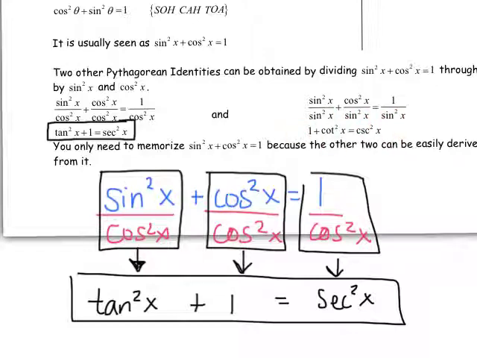All right, so let's go on to some examples. Transform sine x times cotangent x to cosine x. So if we start here, you may want to rewrite the problem again.